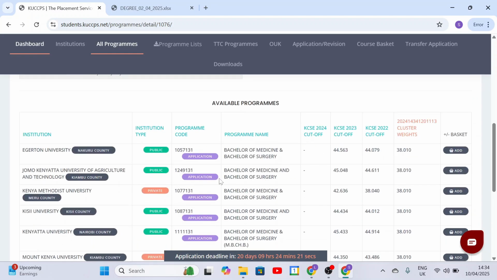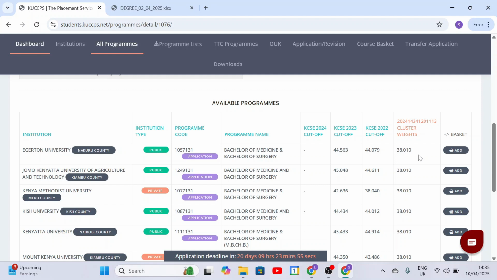So once I get to see these courses, these are the universities, the institution type, is it public university, private university, then the program code. These codes are very, very important because once I identify that I want to do this particular medicine in Egerton University, this is the code that I will put in my application tab in the portal. Let's see, this candidate has a cluster weight of 38.010.